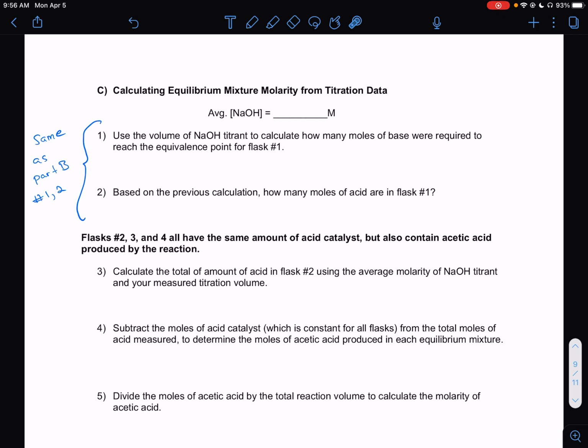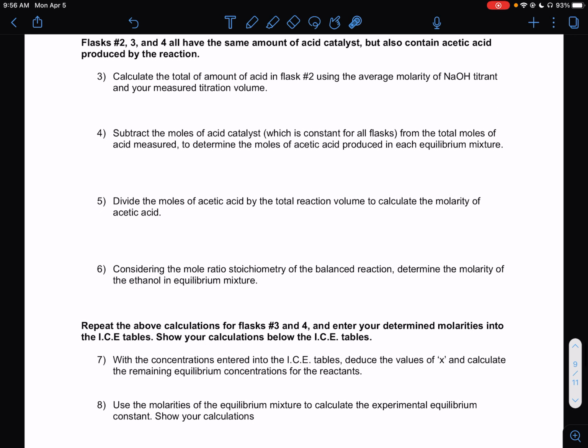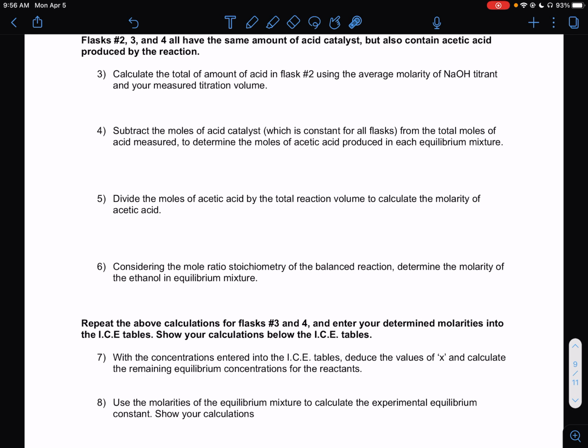Now, what we can do is start going through these calculations. Number 3 here is going to ask us to calculate the total amount of acid in flask 2.